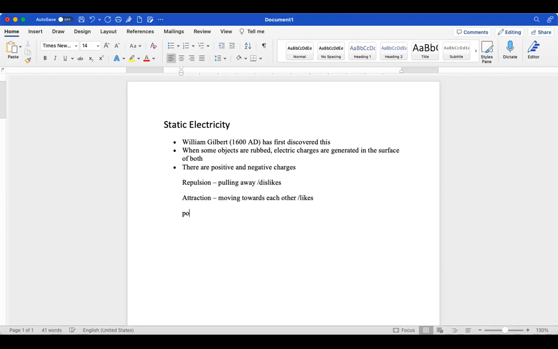So the point is positive to positive and negative to negative shows repulsion.